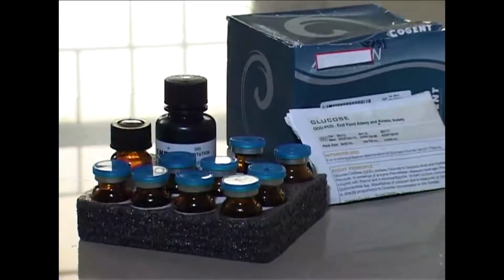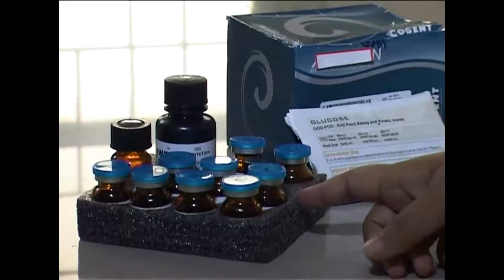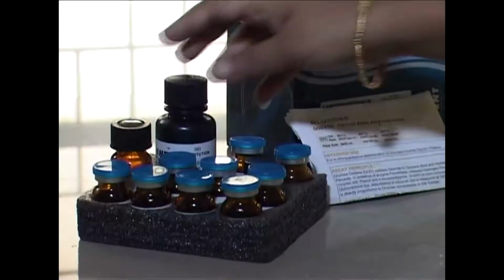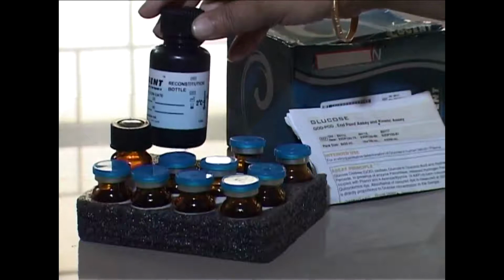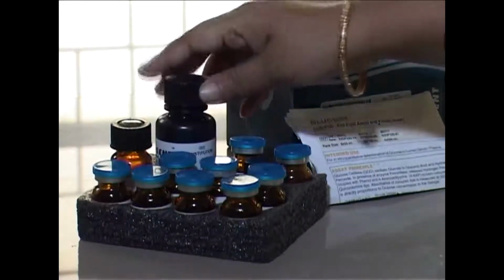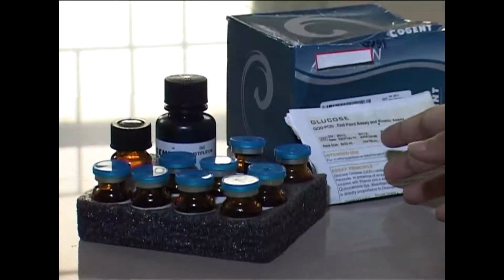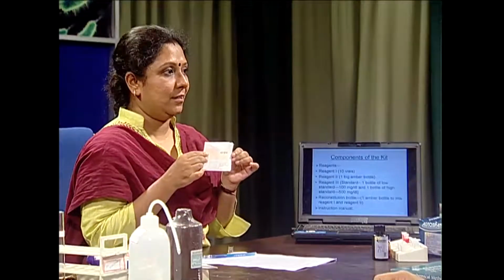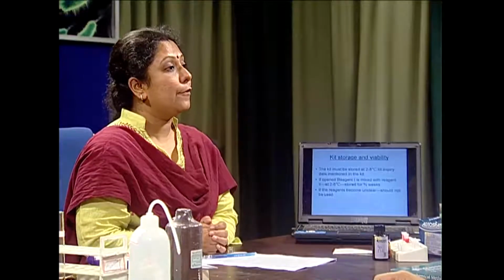Here you can see the blood glucose kit. It contains the reconstitution bottle in which the reagent will be prepared, and it also contains a manual to be followed. The kit must be stored in a refrigerator.